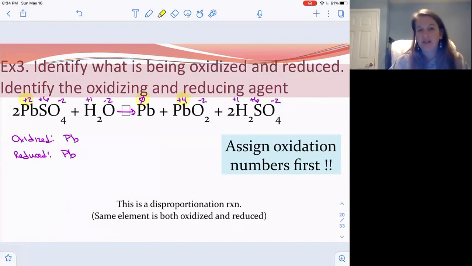So we have lead in 2 places on the product side, so that's why it's oxidized and reduced here. So our oxidizing agent and reducing agent are going to be the same thing. It's going to be the PbSO4. It's not going to be the water because the water was not involved. The hydrogen and the oxygen were not involved in the oxidation or the reduction. Okay, so this type of reaction is called disproportionation because the same substance was oxidized and reduced.